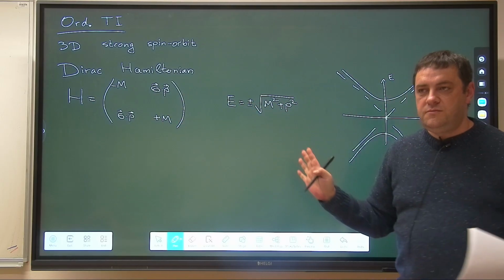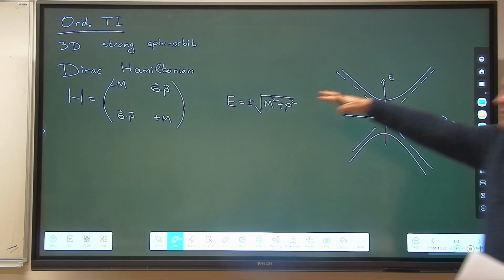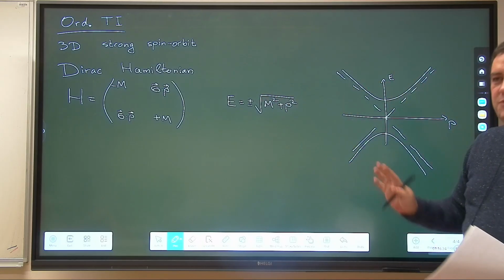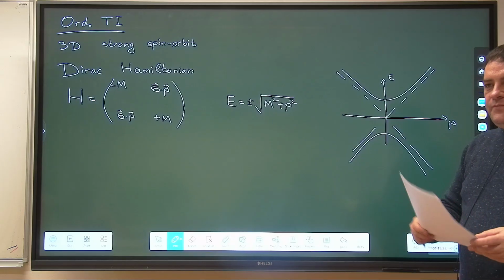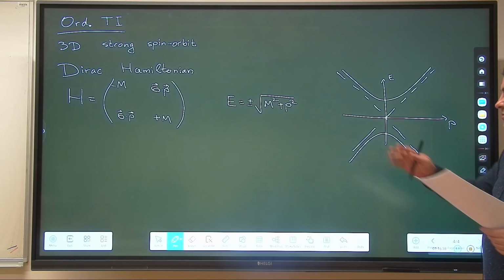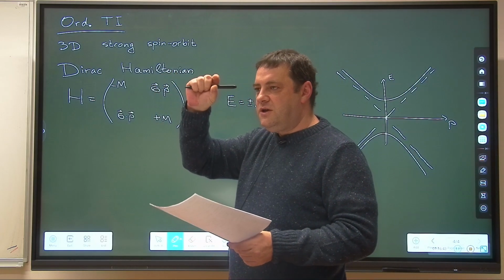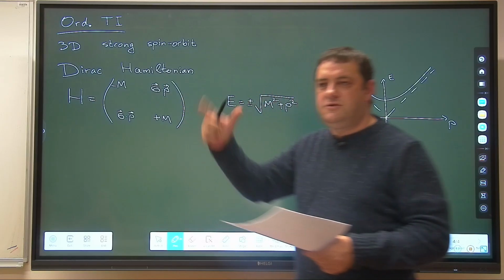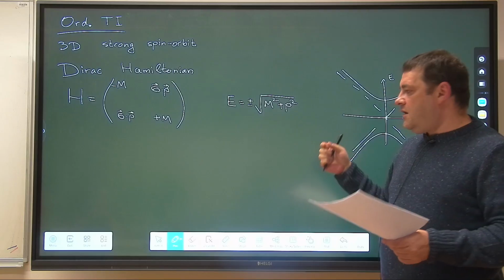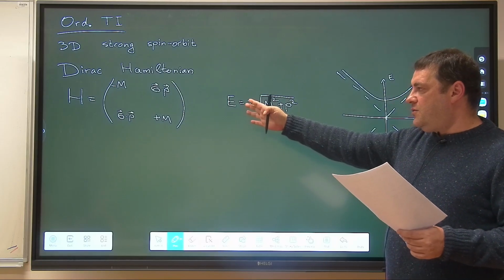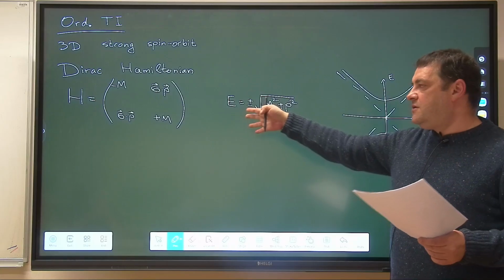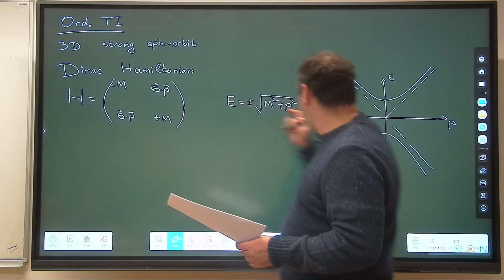Not always, but if we also have time reversal symmetry, for example, we can do this. So this is like a prototypical Hamiltonian to describe any small gap in the spectrum of a semiconductor with strong spin orbit coupling.